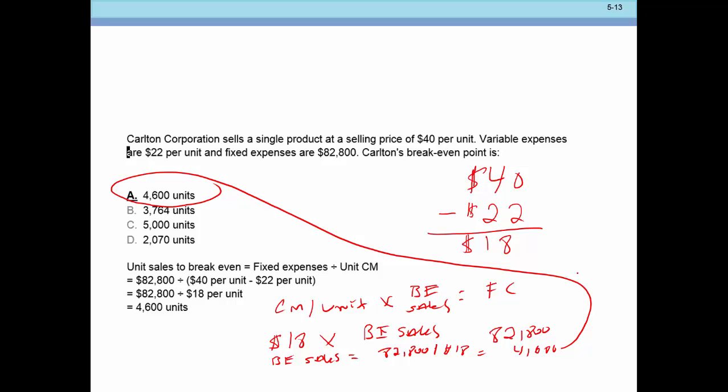I go ahead and do the algebra on that. $18 of contribution margin times my break-even sales has got to equal fixed cost of $82,800, the problem told me here. And so my break-even sales is what? Do the algebra, divide each side by my contribution margin per unit. And so I'd have to sell what? 4,600 units to break even here.